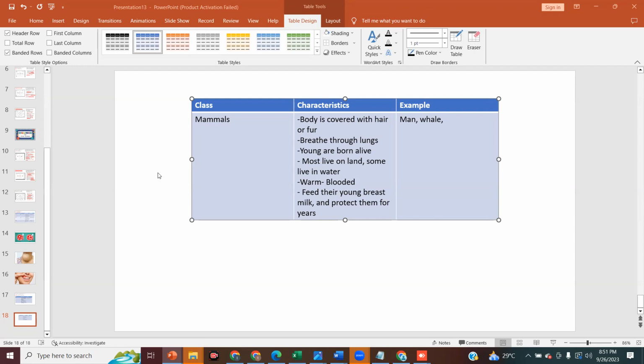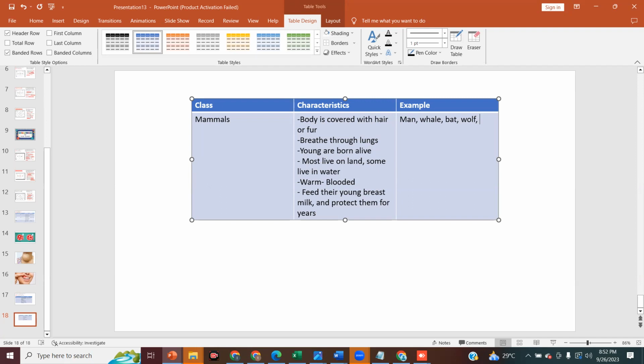A bat. A bat is a mammal that could fly. I never even thought of that. Then we have wolf. So you know a mammal that could fly and a mammal that could swim.